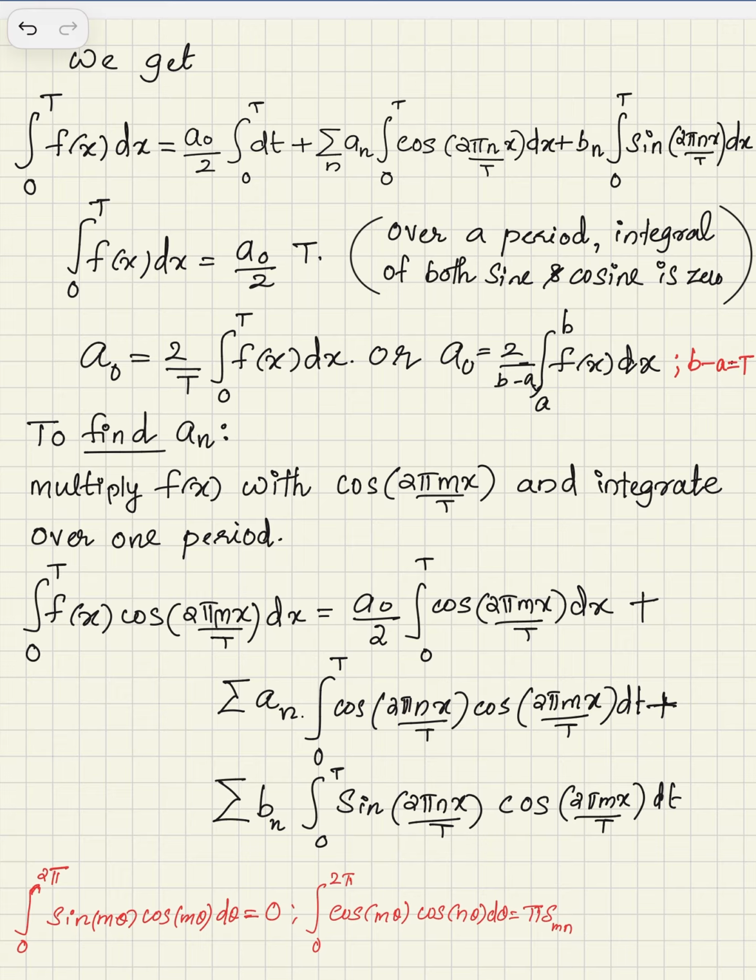So if it is a product of sin and cos with different arguments, both having the same period 2 pi, then the answer will be 0. If it is two cosine functions with different arguments, both with period 2 pi, the answer will be pi delta mn. If it is both sine functions, then also the answer will be pi delta mn.